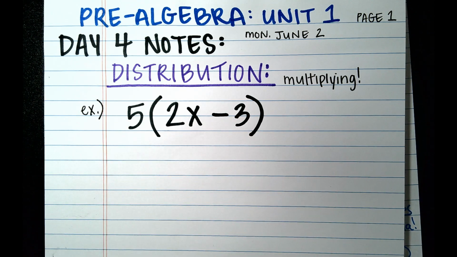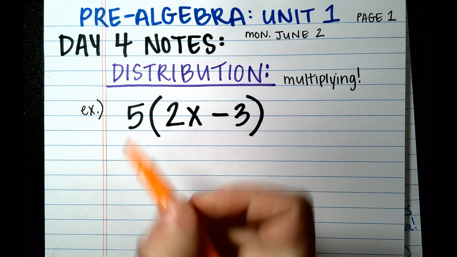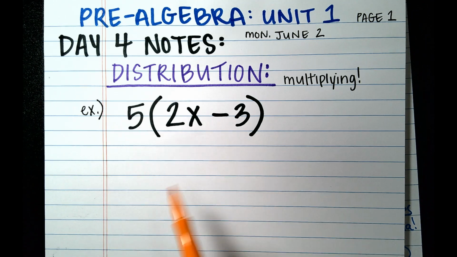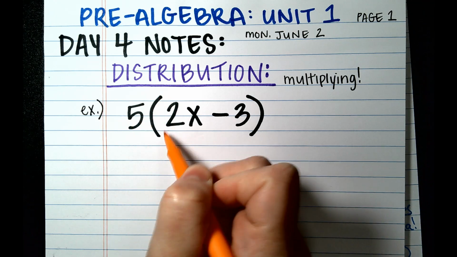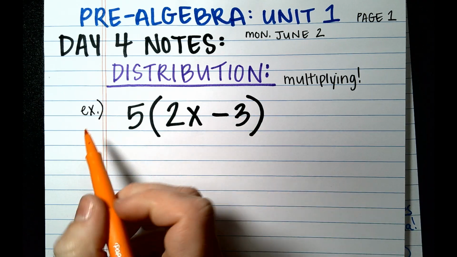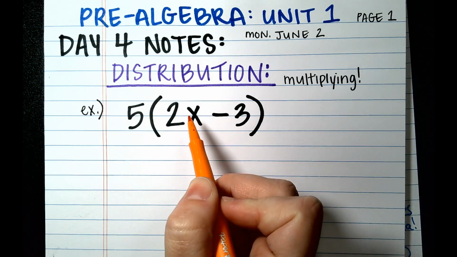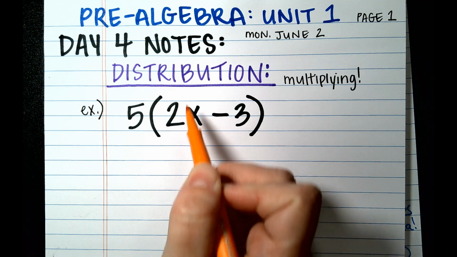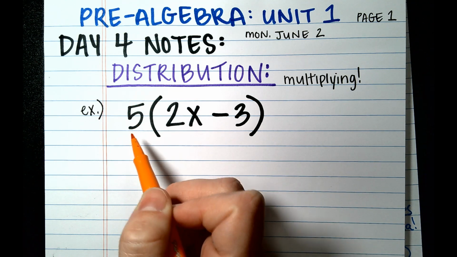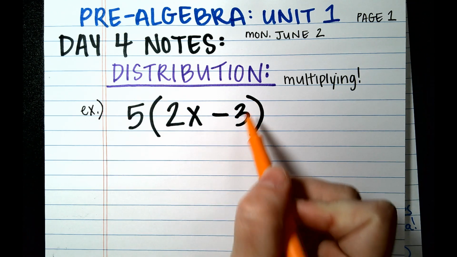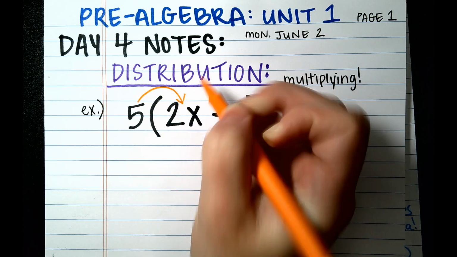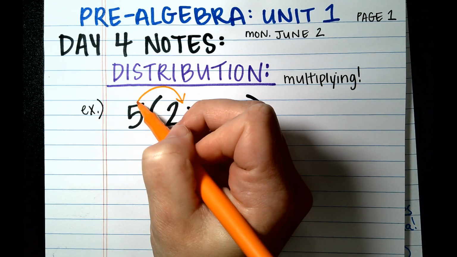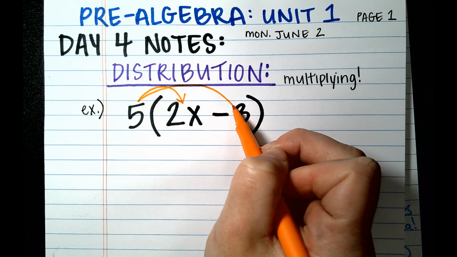This is where we use distribution. Instead, since we have a number outside of parentheses, we're going to multiply 5 times 2x, and we're going to multiply that 5 to that minus 3. I'm going to start by drawing some arrows just to show what we're doing.